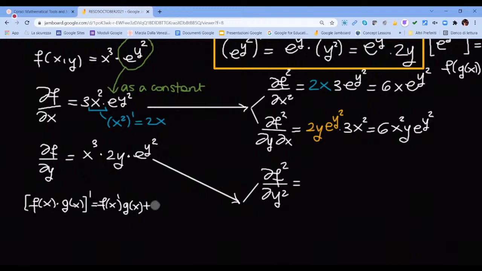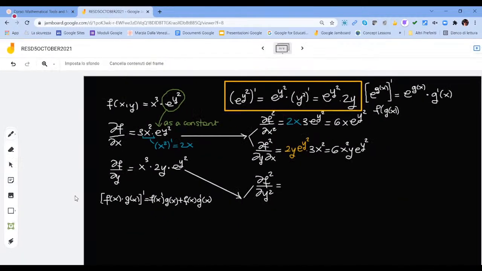Plus f of x times g prime. That is the rule that we will apply. I will write it in green. So this is the rule.